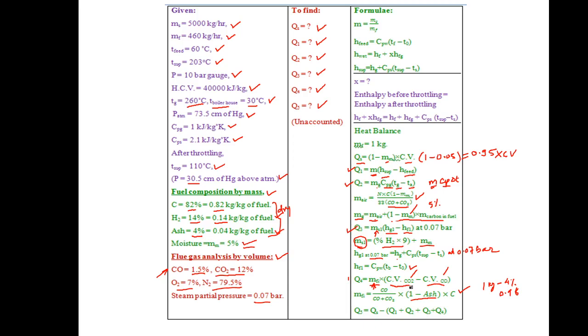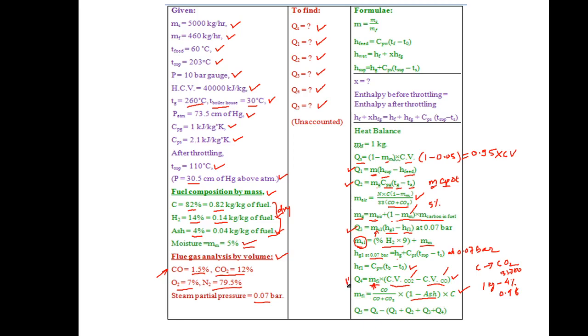If carbon is burned to carbon dioxide, the calorific value of carbon is 35,700, and if it burns to carbon monoxide, it is less, about 10,000 something. So this gives us the heat loss because of incomplete combustion.